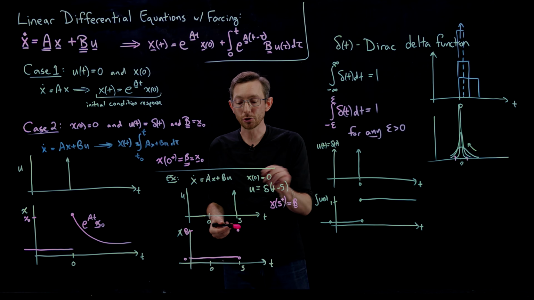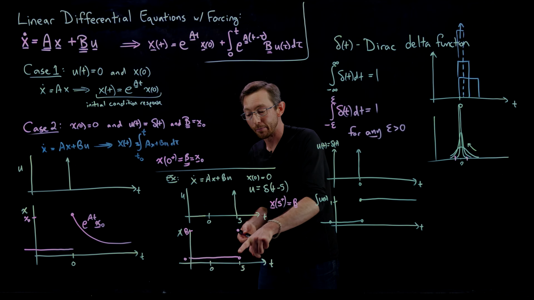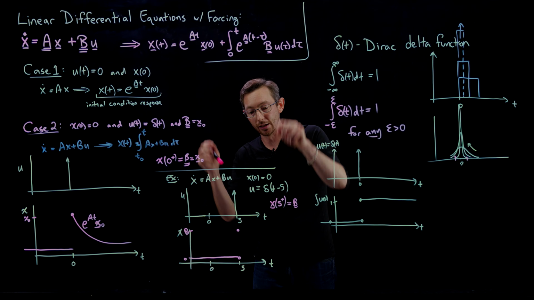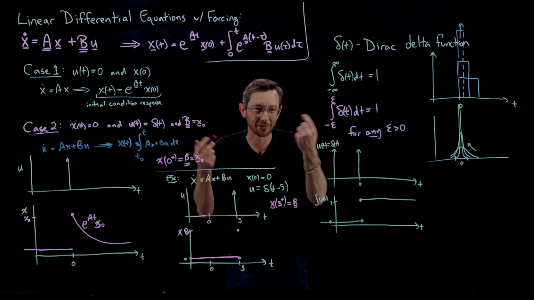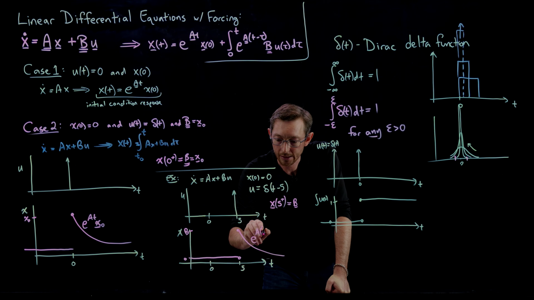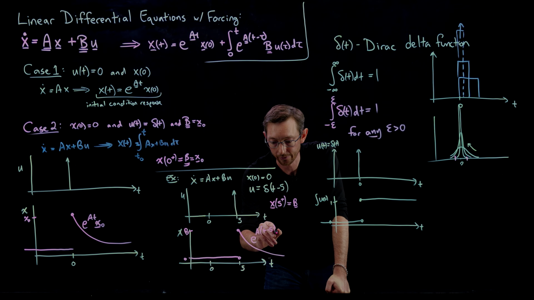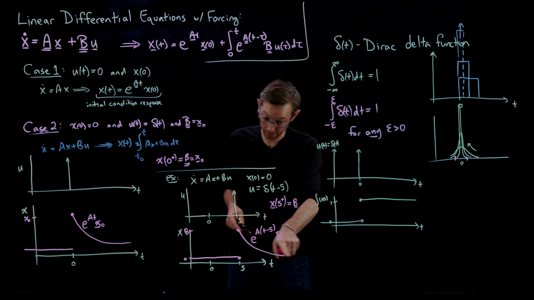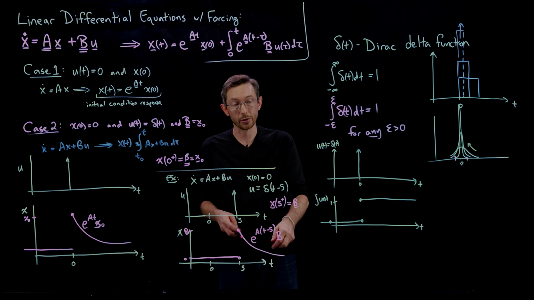And then for all future times, u goes back to 0, but now we have this initial condition x equals b. And so then the system dynamics take over, and this is e to the A, now t minus 5, because all of these dynamics start at t minus 5, times that initial condition b. Okay, so this is literally what the trajectory would look like for all future time.